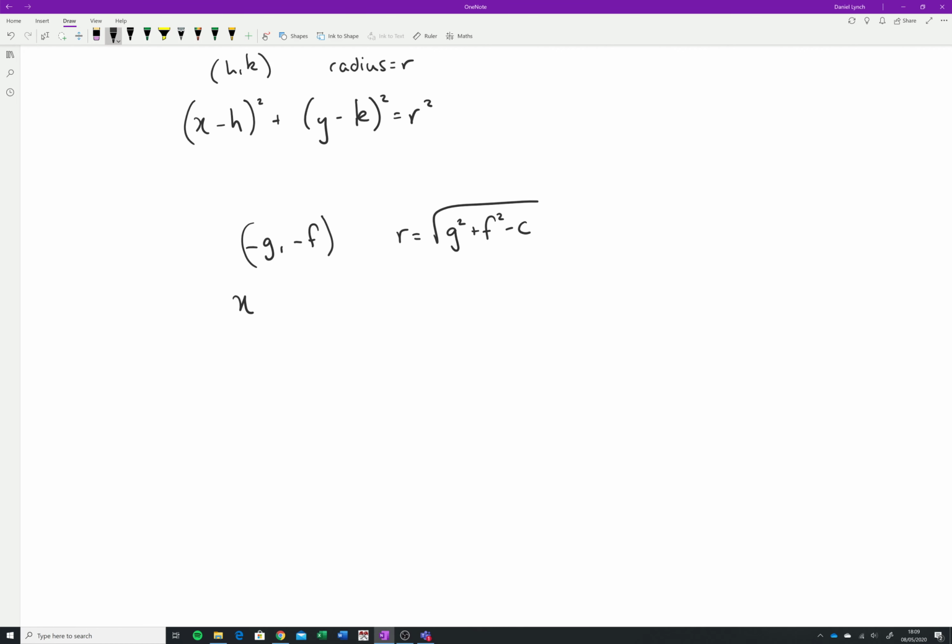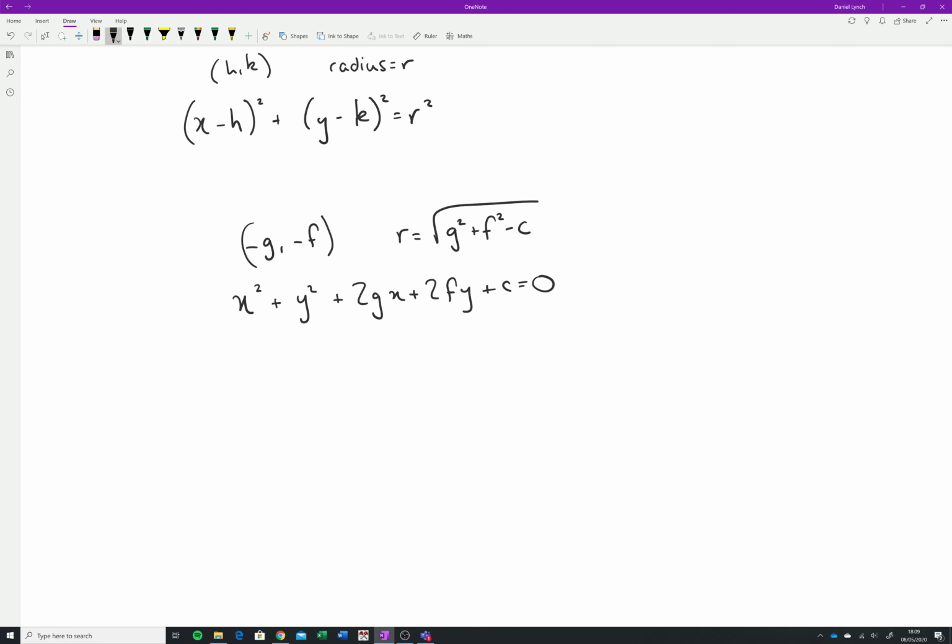You can already tell why I don't like this one so much. Then the equation of the circle will be x squared plus y squared plus 2gx plus 2fy plus c equals 0. You can tell why I prefer the one above. It's just much easier to deal with.